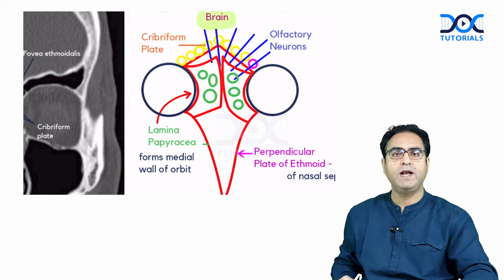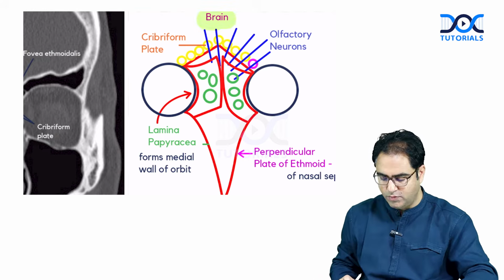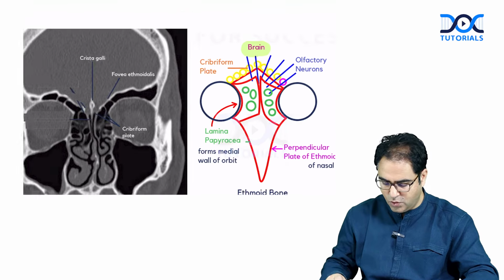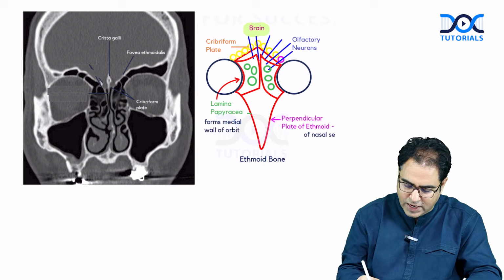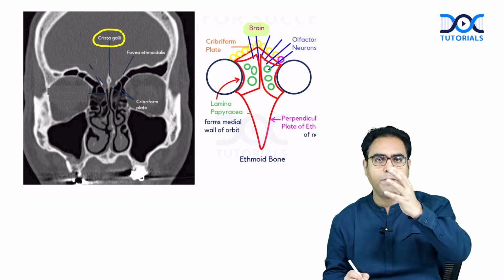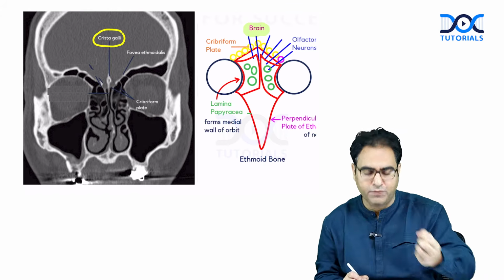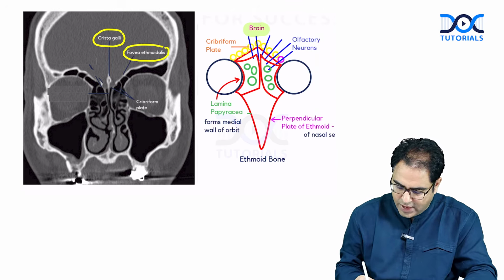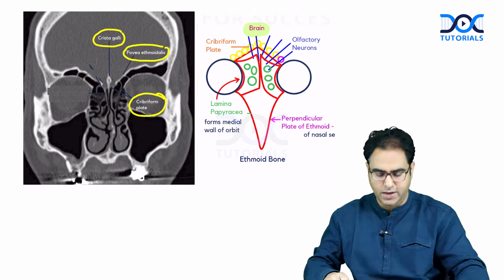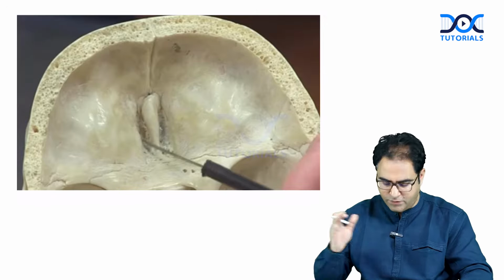Cribriform plate is part of ethmoid bone. And we know from the CT scan that, my dear friend, this is the crista galli. Crista galli is a ledge which separates the right and left cribriform plate. And this is the fovea ethmoidalis, the roof ethmoid. And of course, this is the cribriform plate. Let's try to correlate the CT scan with this one.